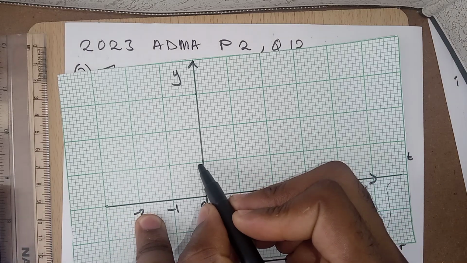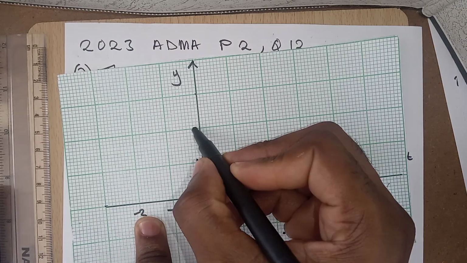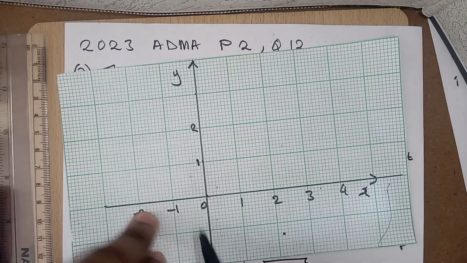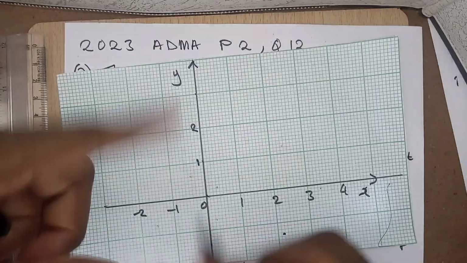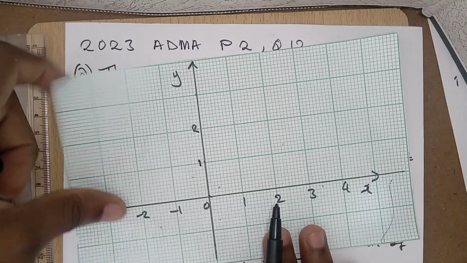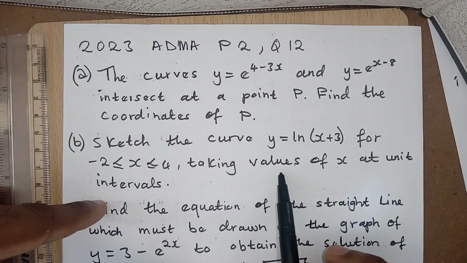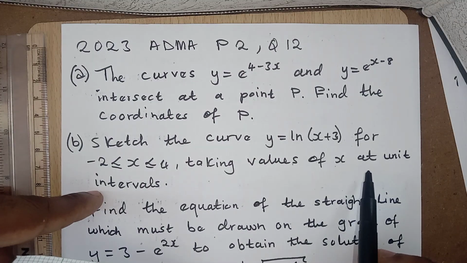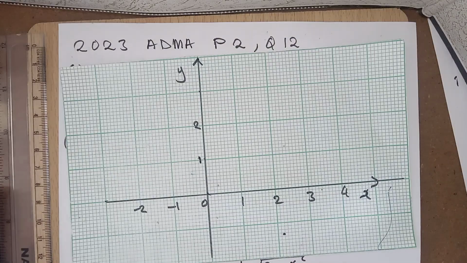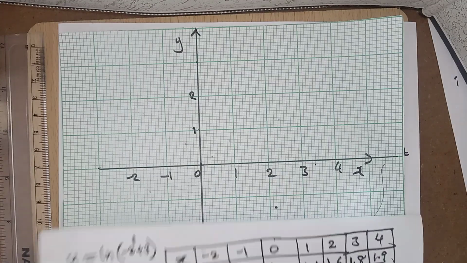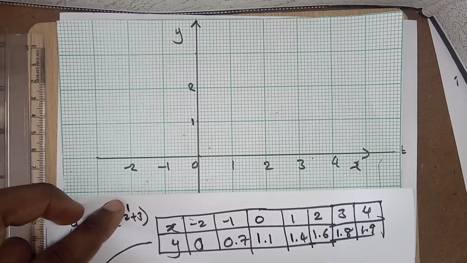So I'll put my 1 there and my 2 there. We have no restrictions on the y-axis. The only restriction we have is on the x-axis, where you are required to take the x values at unit intervals. So now let's plot these points.